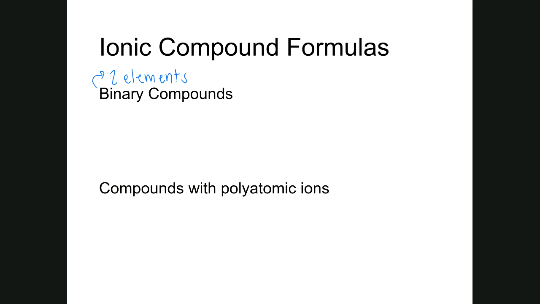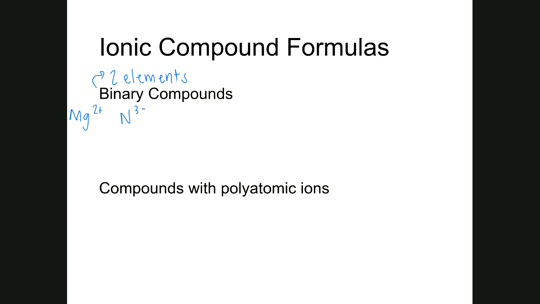So let's say, for instance, we're looking at magnesium and nitrogen. So magnesium, we look on our periodic table, we see that's a 2+ charge because it's in the second column. And nitrogen is going to be a 3- charge because of its location in the periodic table.